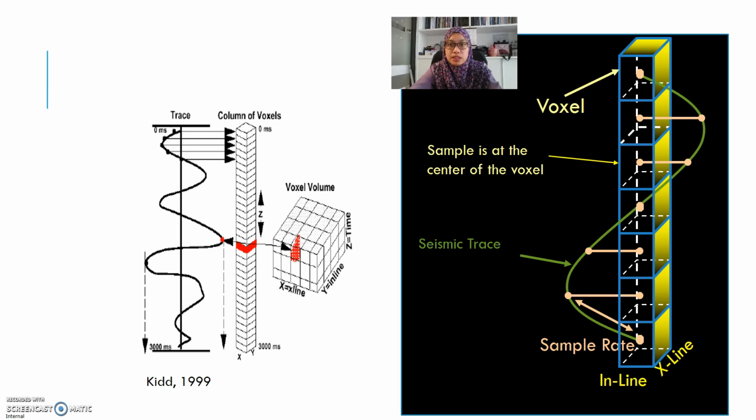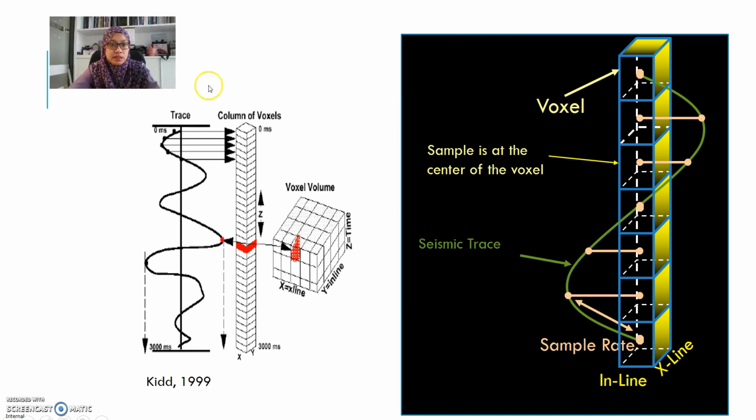This diagram explains it better: from time 0 to 3000 milliseconds, the first 251 samples are assigned to the first voxel, followed by the next 251 samples assigned to the second voxel. This continues up to the end of the data, where the total number of voxel columns will be 256.